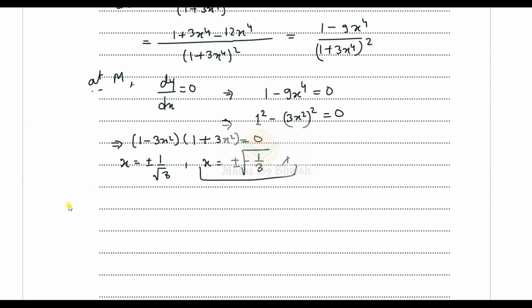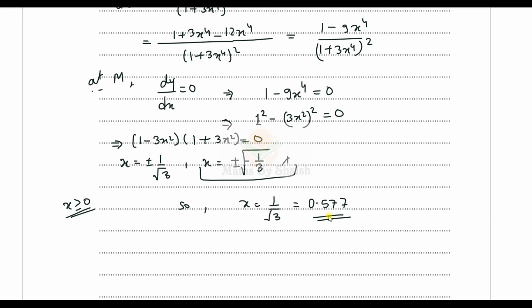And since we take x always greater than or equal to 0, x is equal to 1 over root 3, which is 0.5775 and so on, but we are required to give the answer to 3 significant figures, so it is going to be 0.577. So I hope it is clear.